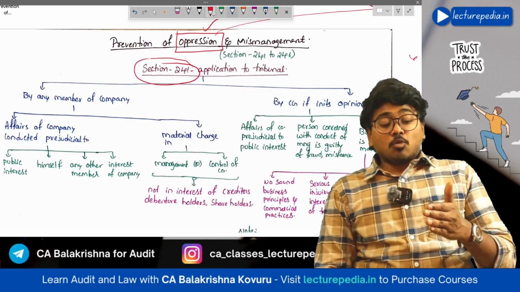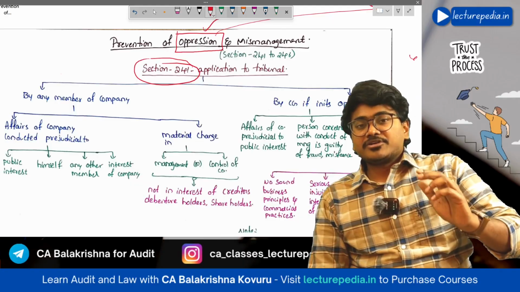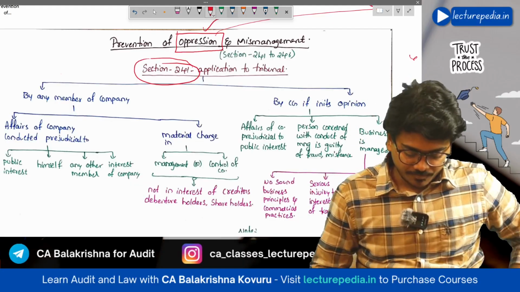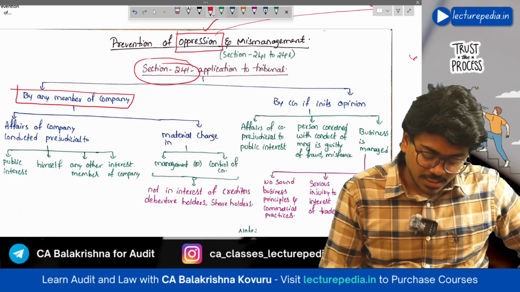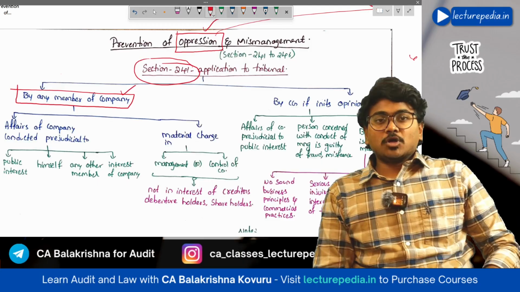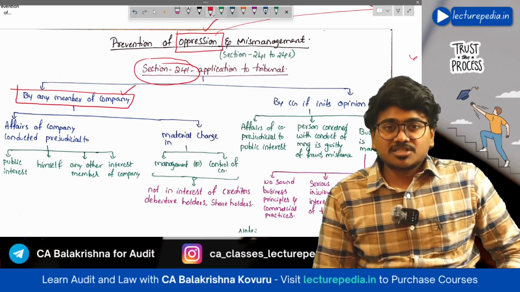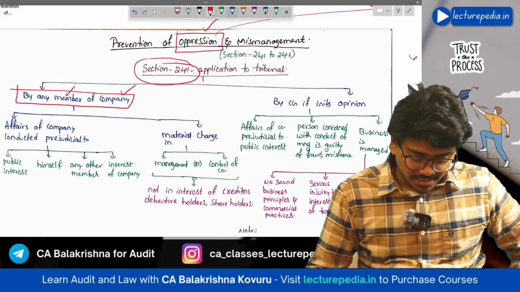So what are the various situations in which an application under section 241 can be filed? Let us see those situations. First of all, by any member of the company. In which cases can a member of a company file an application to the tribunal under section 241? Here member means shareholder.